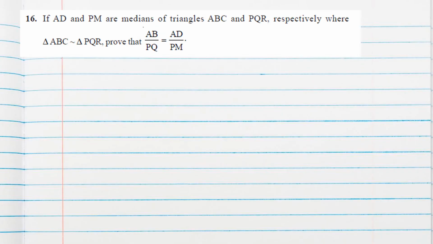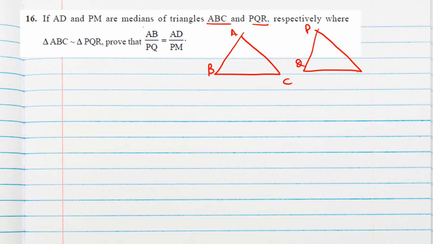Question 16, AD and PM are medians of triangles ABC and PQR. So two triangles are given, ABC and PQR, where ABC and PQR are similar, given.